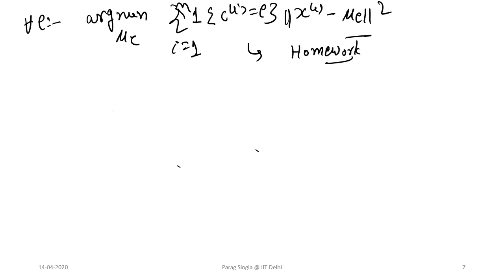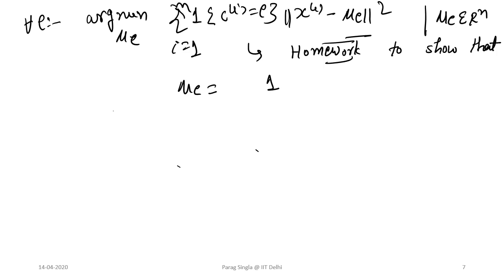This is an optimization problem in a single set of variables, the mu L's, where recall that each mu L belongs to R^n. We can solve this by simply taking the gradient with respect to the vector mu L, and it is homework for you to show that the optimal value of mu L, which minimizes this, is exactly the mean of the corresponding data points.